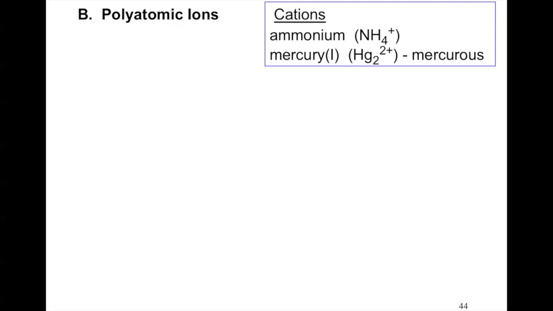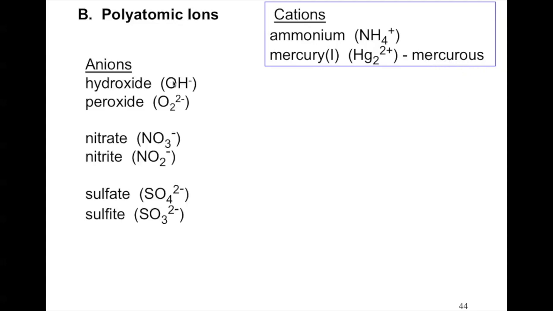Since you have 2 atoms, that requires each atom to have a +1 charge. So that's called the mercury(I) dication, or the mercurous ion. You don't need to memorize this language here, mercurous.